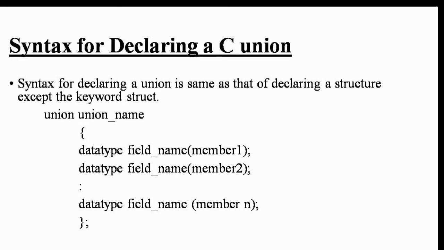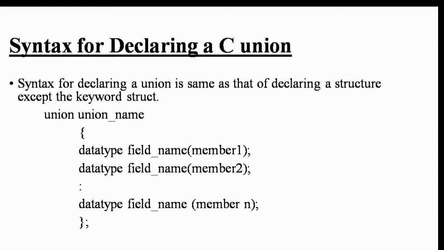Syntax for declaring a union. The syntax for declaring a union is the same as that of declaring a structure, except that the structure keyword is struct, and the union keyword is union. Then union_name is the union tag name.